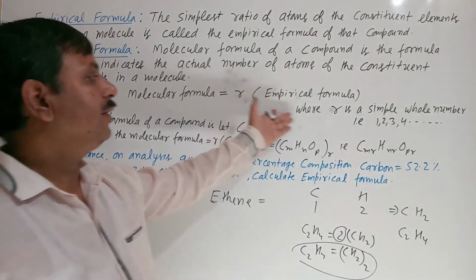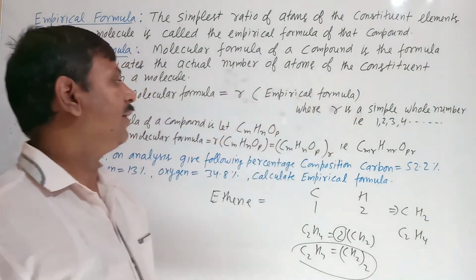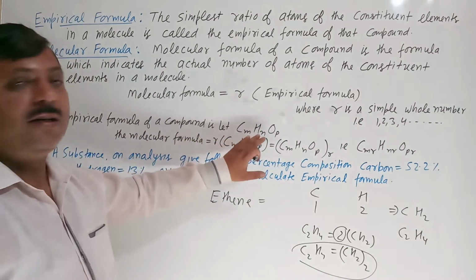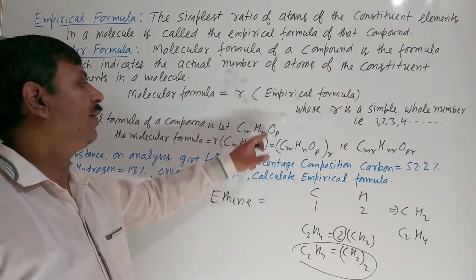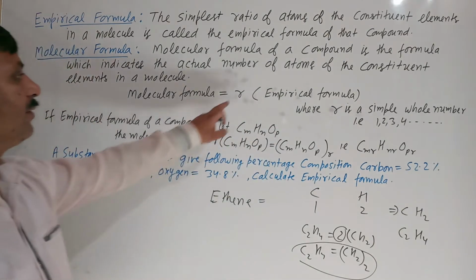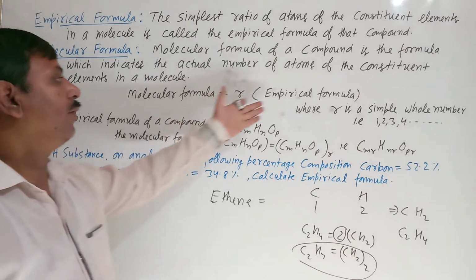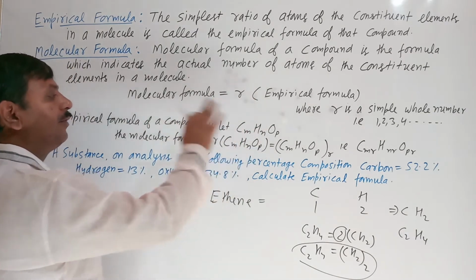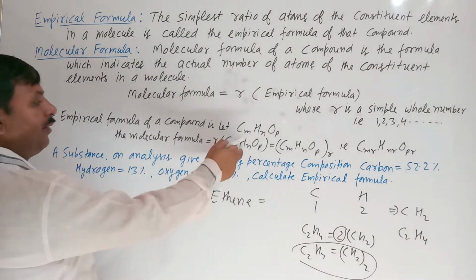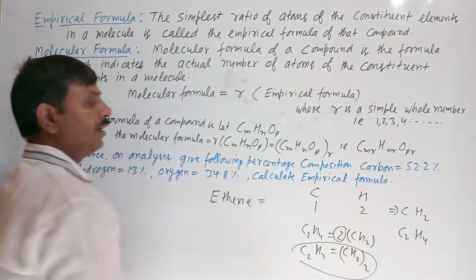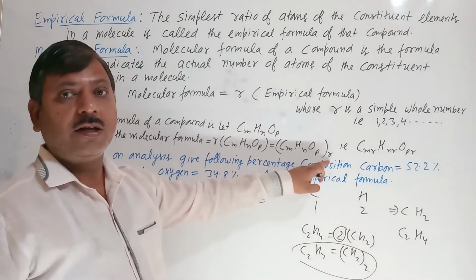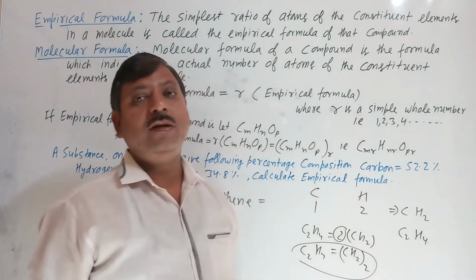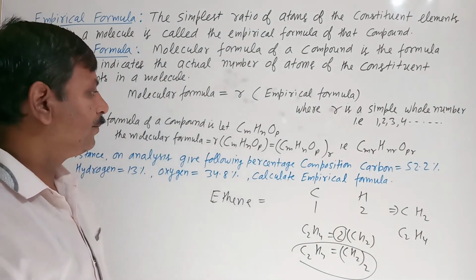So 2 is here simple whole number, that is R. Suppose any compound CmHnOp, and this R is the ratio of molecular formula to empirical formula, the molecular formula will be R times of empirical formula. This can be written like that also. R will be multiplied in the whole empirical formula.